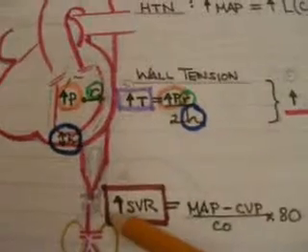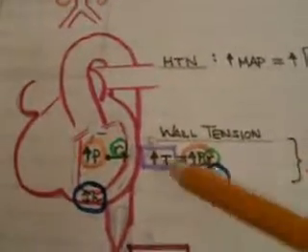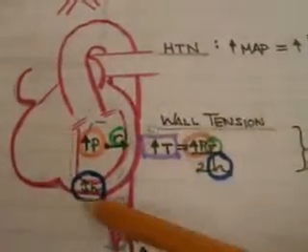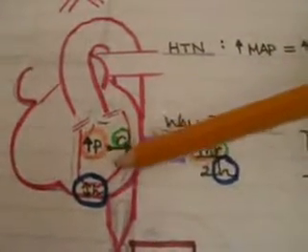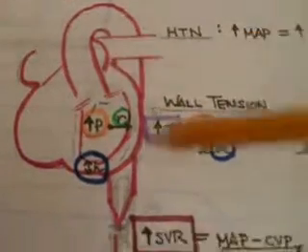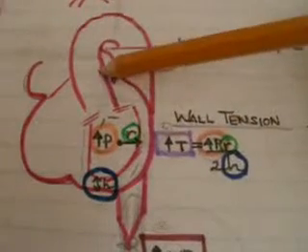So when that happens, there's an increased pressure within the left ventricle. The left ventricle, when it contracts, has to contract against a higher resistance in order to promote forward flow.